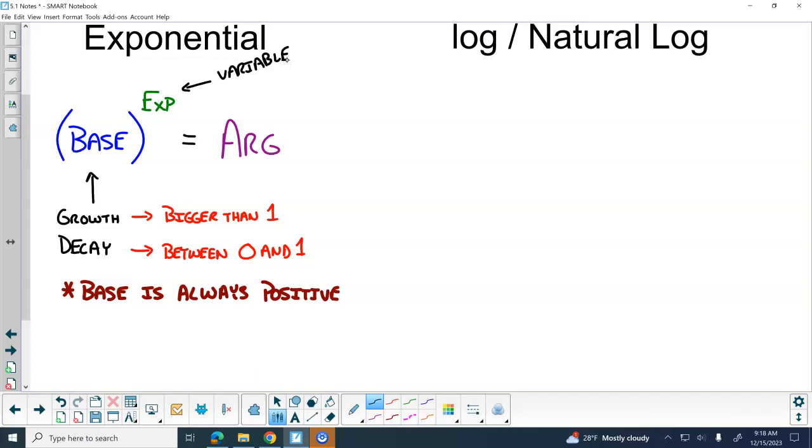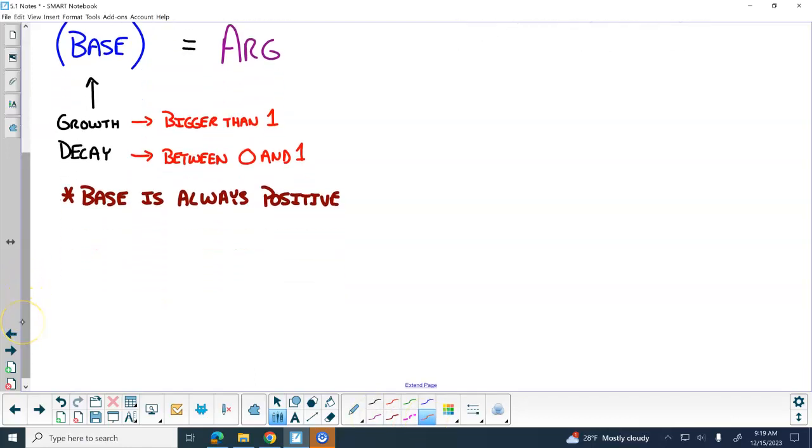So in a regular old type situation, this would look like y equals a times b to the x power, if we were looking at it in terms of what the function is going to look like.